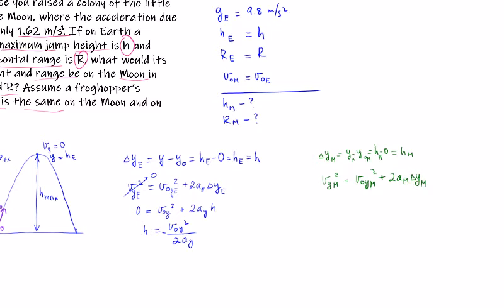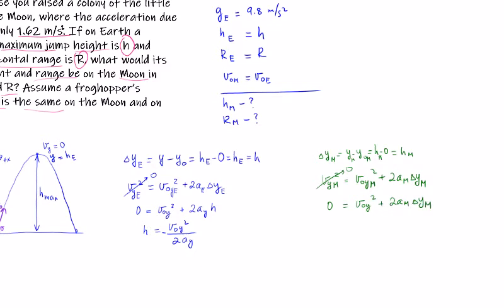So again, it's a maximum height, so the Vy is 0, so we have 0 equals V naught y squared. I'm skipping the subscript Moon because we know V on the Moon and velocity on the Earth are equal to each other, plus 2a on the Moon, delta y on the Moon.